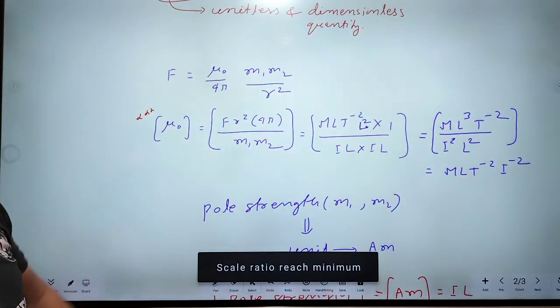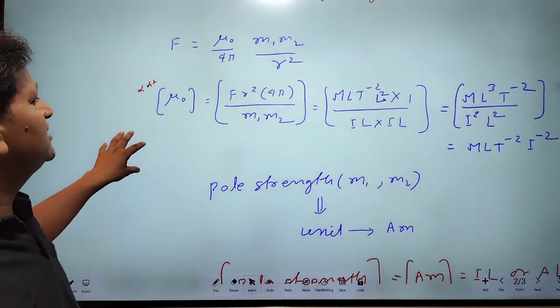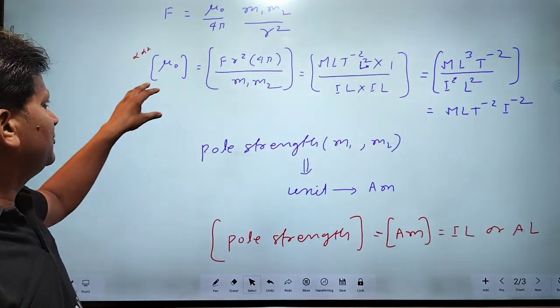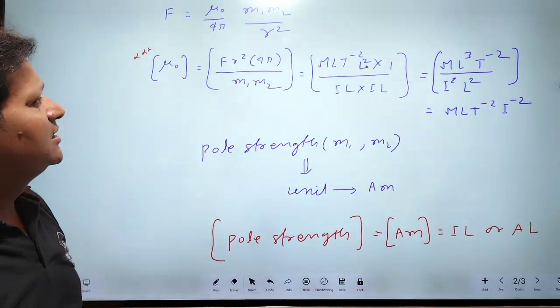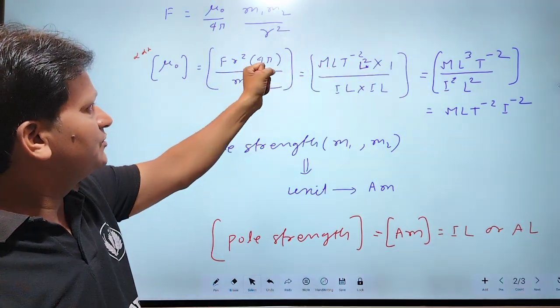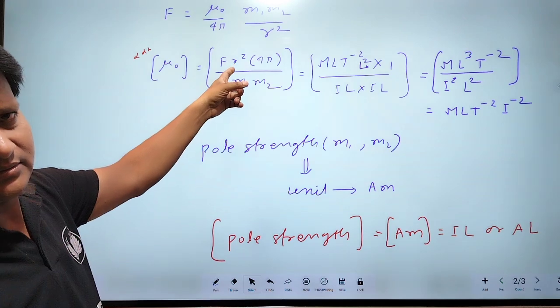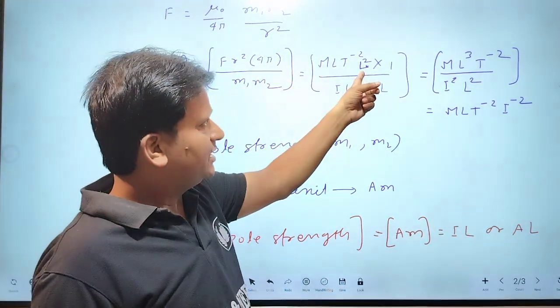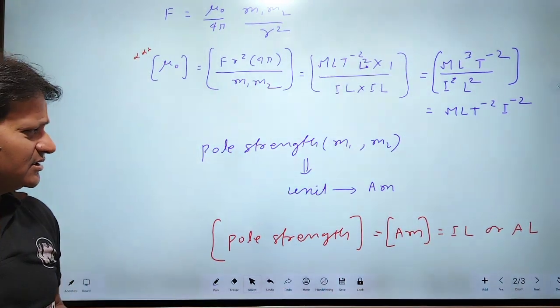F is equal to mu naught by 4 pi m1 m2 by r square, where r is the separation between the poles. Mu naught can be written like this. Here F is force, therefore dimension of force is MLT minus 2, and r square is L square, and m1 m2 are pole strength.